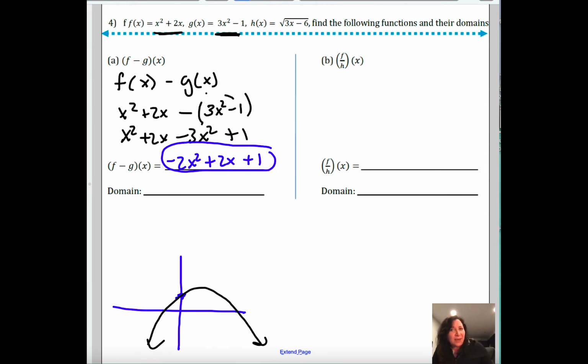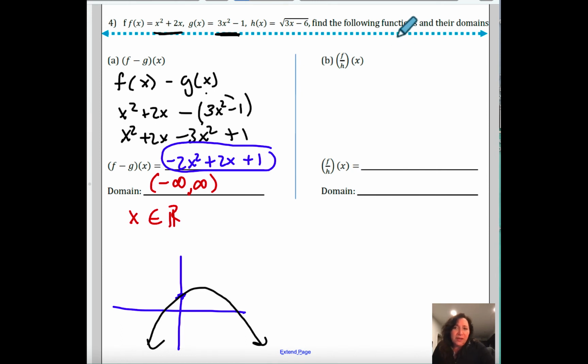And the domain is all the values from left to right. And what that means is in this kind of problem for parabolas, the domain is always going to be all real numbers. So you would say negative infinity to infinity, or you could say x is an element of all real numbers.